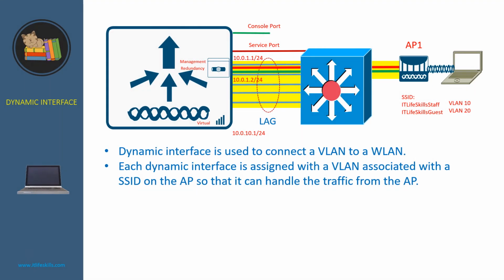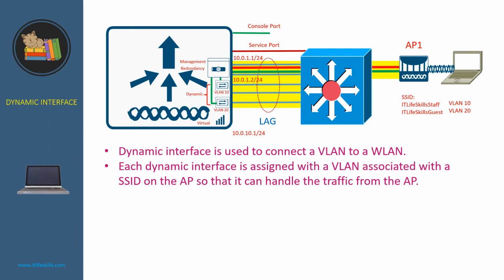The next interface is the dynamic interface. The dynamic interface is used to connect a VLAN to a wireless LAN. Each dynamic interface is assigned a VLAN associated with an SSID on the AP so that it can handle the traffic from the AP. In this diagram, we want to configure the AP with two wireless networks.